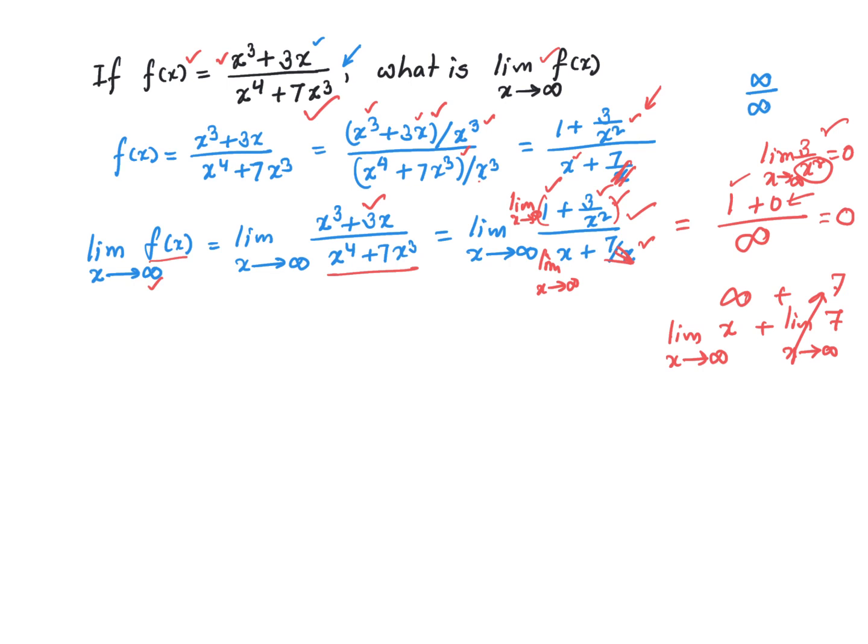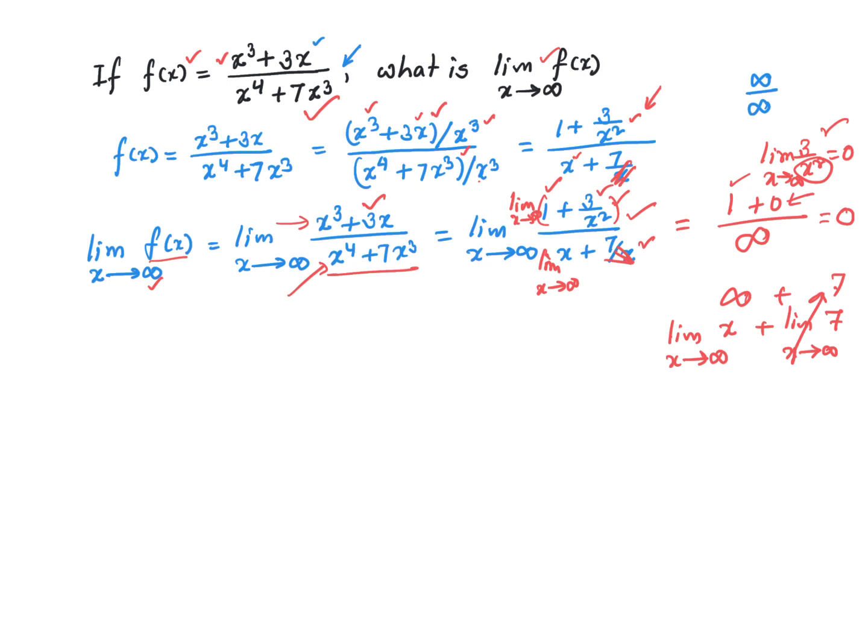Now, another way you could think of it is this, by the way. This is a polynomial function in the numerator and a polynomial function in the denominator. The highest power in the numerator is 3, x cubed, and in the denominator, the highest power of x is 4.